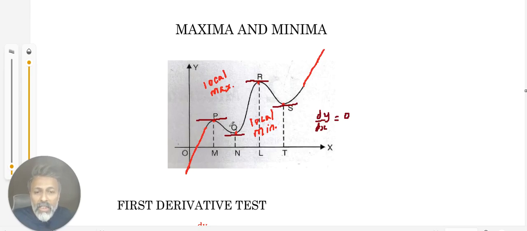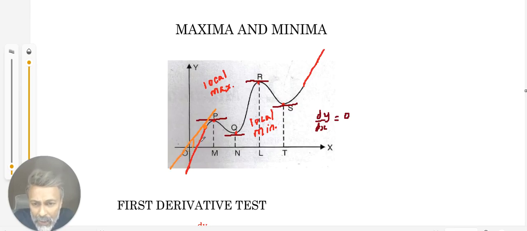So the first condition, be it local maxima or local minima, is that our first derivative will always be 0 at that instant.